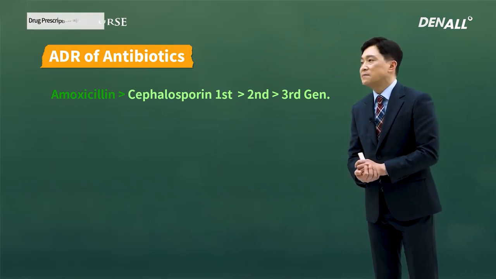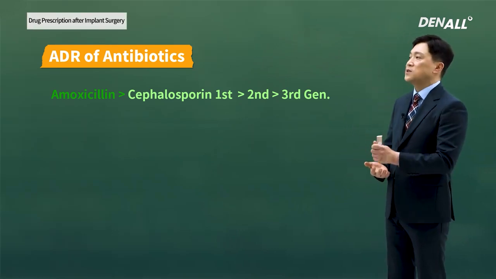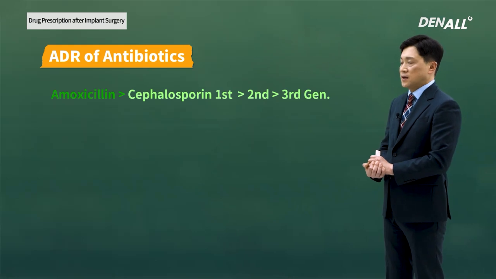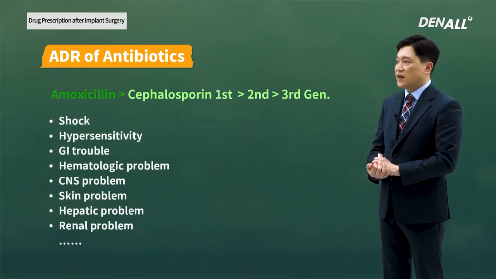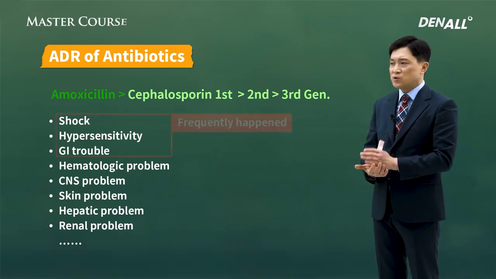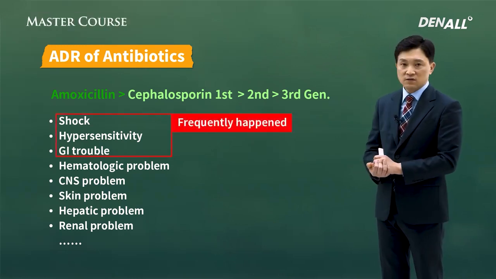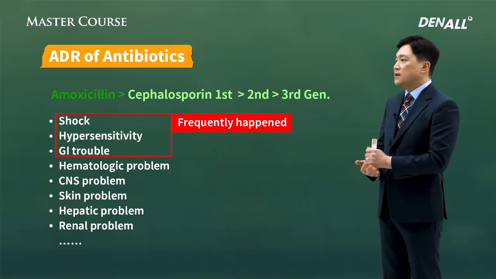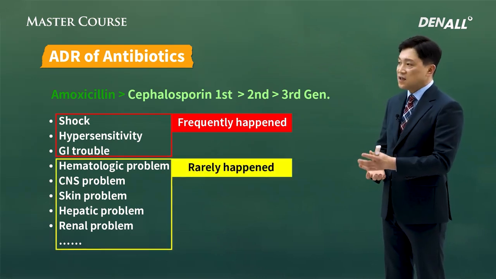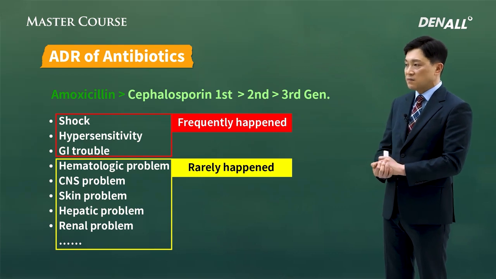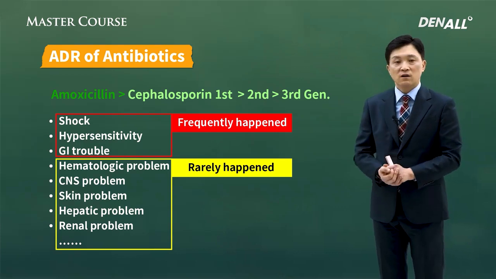Most frequently, amoxicillin causes the ADR. Most frequently, shock occurs, and hypersensitivity and GI trouble. Rarely, hematologic problems, CNS problems, skin problems, hepatic, and renal problems.